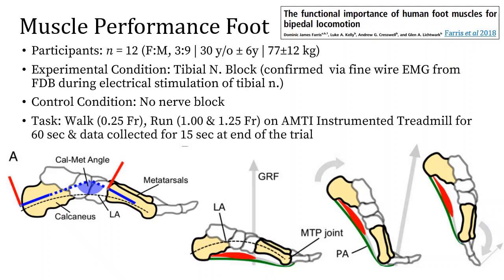And so they did walking and running. The FR stands for the Froude number, which is essentially a standard unit that takes into relationship the gravity as well as the limb length of the individual.